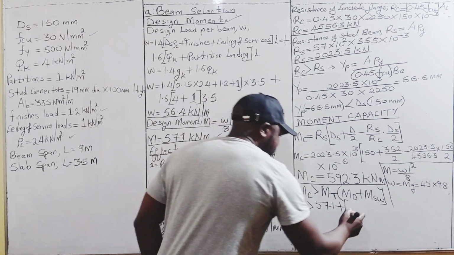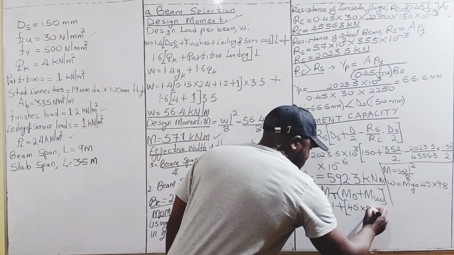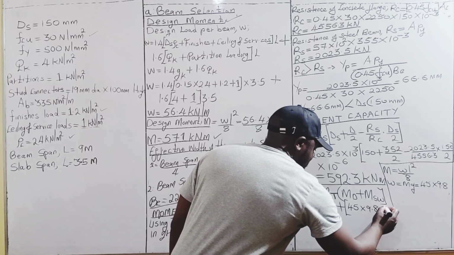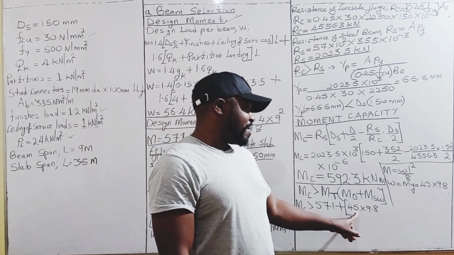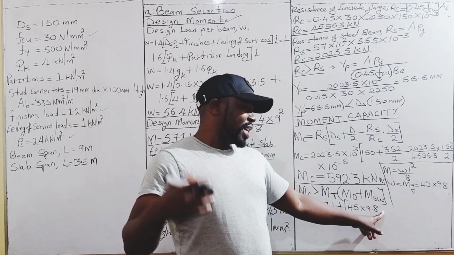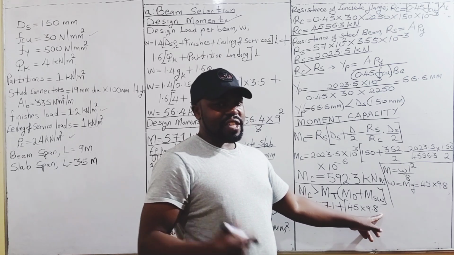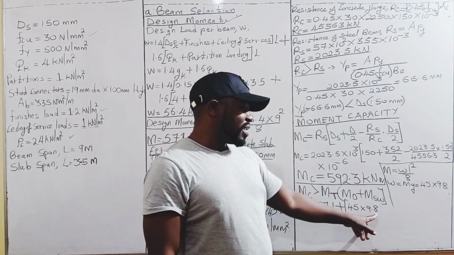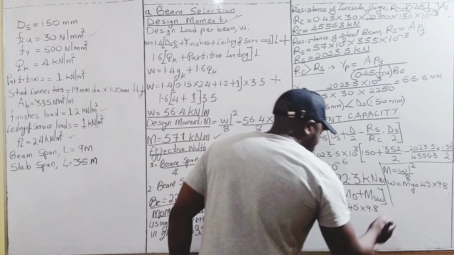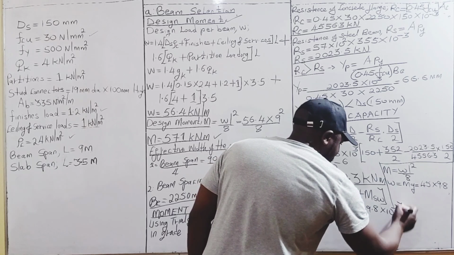So we are going to have 45 times 9.8, which is the gravity. So when we multiply 45 by 9.8, we are going to get the answer in newtons. So we need to convert it to kilonewtons, and by doing so, we are going to divide this by 1,000, or we multiply by 10 raised to the power of -3.